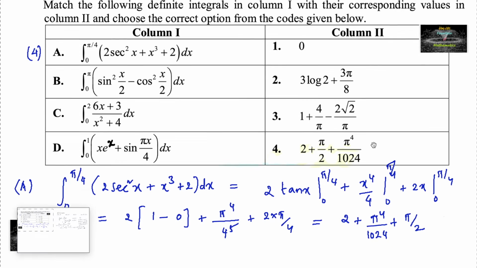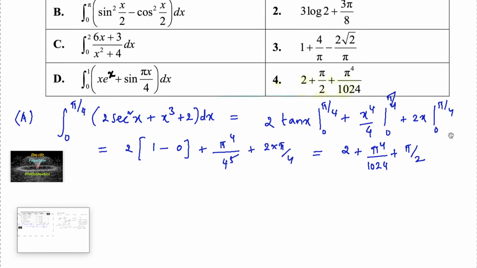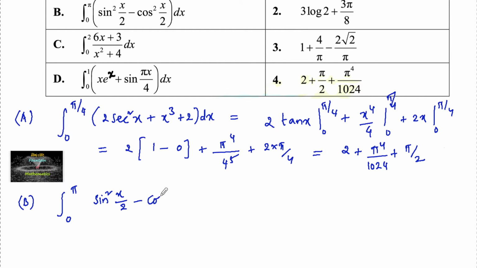And coming to the second, b, integration 0 to pi sin square x by 2 minus cos square x by 2 dx, which is equal to integration 0 to pi.